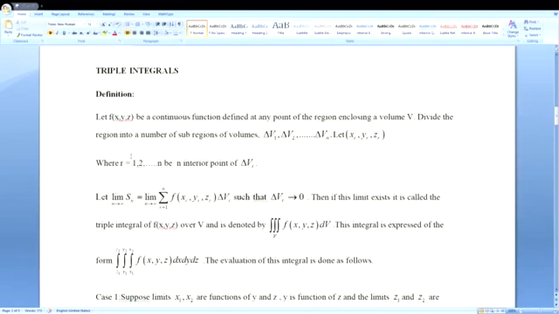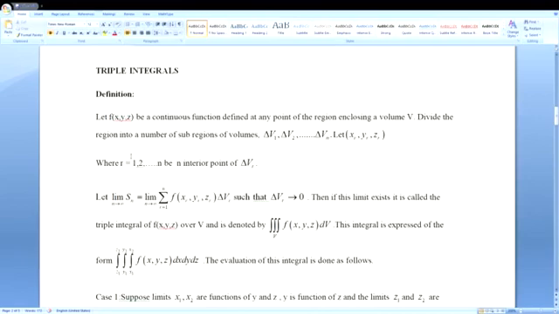Let limit n tends to infinity Sn equal to limit n tends to infinity summation r varies from 1 to n f of (xr, yr, zr) into delta Vr, such that delta Vr tends to 0. Then, if this limit exists, it is called the triple integral.